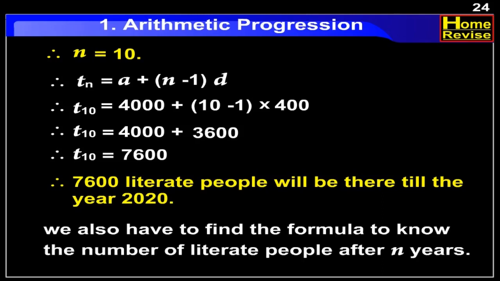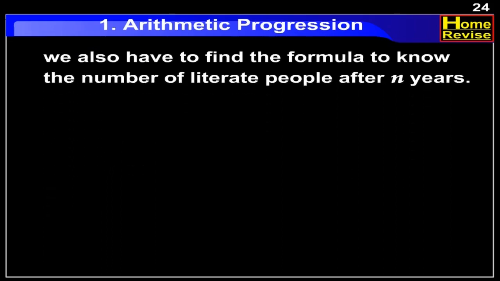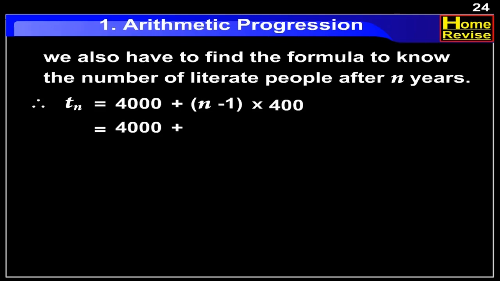Here, we also have to find the formula to know the number of literate people after n years. Therefore, the formula is Tn is equal to 4,000 plus (n minus 1) into 400, which is equal to 4,000 plus 400n minus 400, which is equal to 3,600 plus 400n.